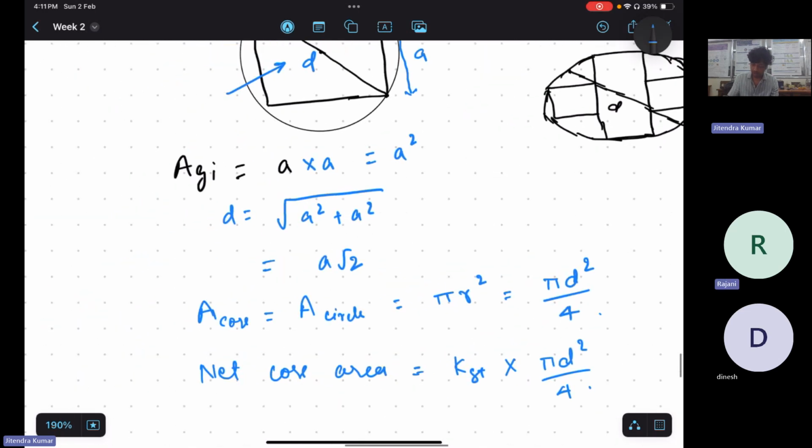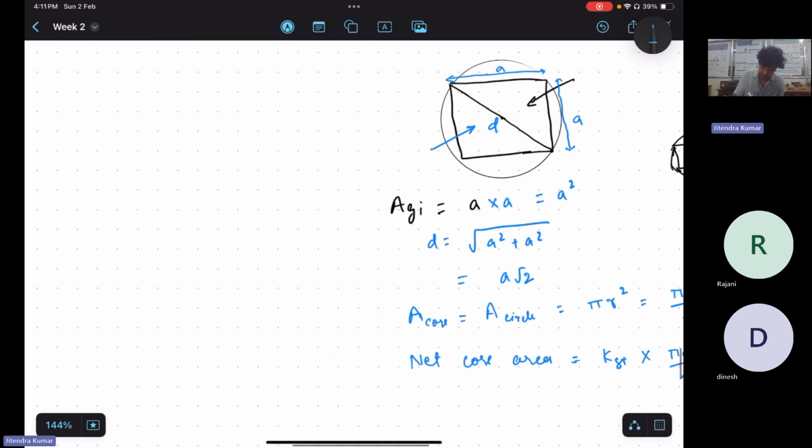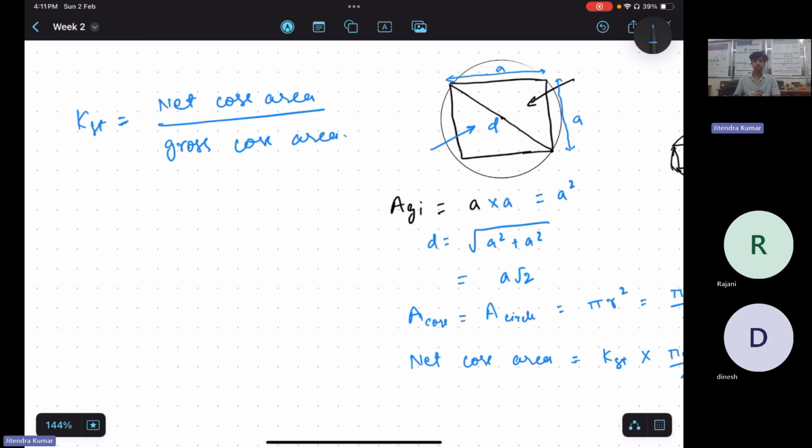You might be confused about why I am trying to calculate both the areas. A stacking factor, if you define it in terms of area, is net core area divided by gross core area.